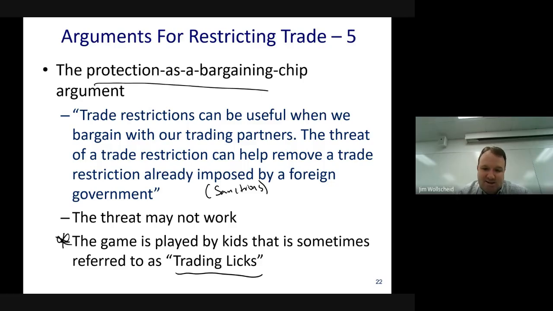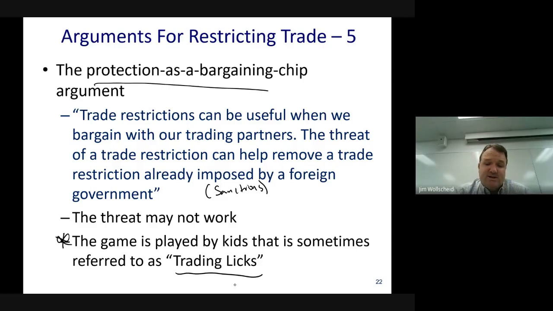So Trading Licks is usually two young boys get together and they see who's, I know it's a little sexist of a language, they want to see who the bigger man is. So what they do is they hit each other on the shoulder to see who cries first. Now, what ends up happening with this game? What's the outcome of that game? Two boys who have bruises on their shoulders.